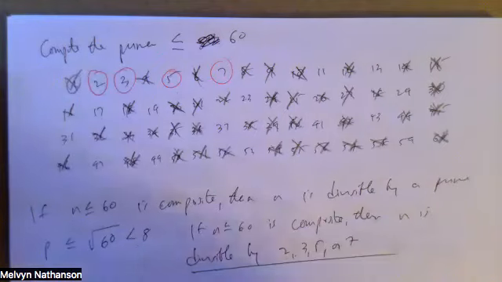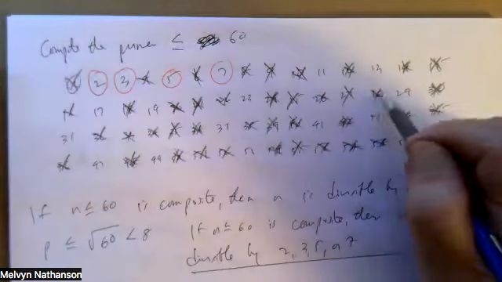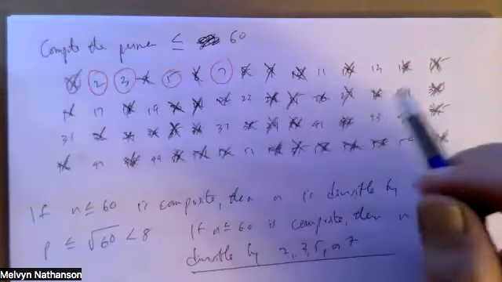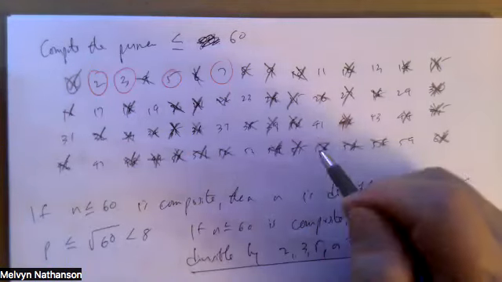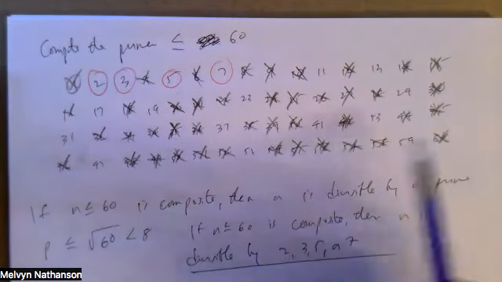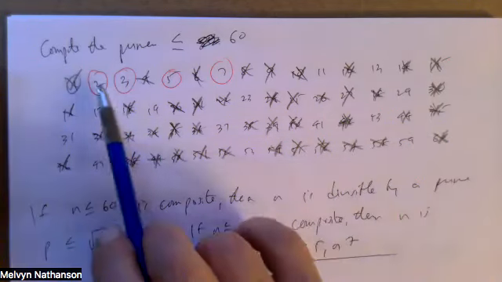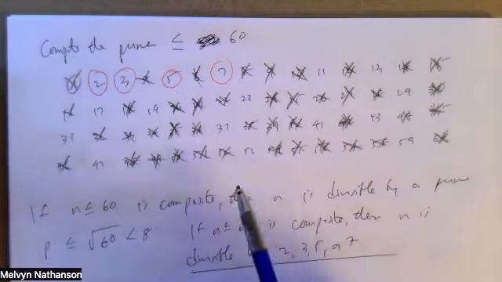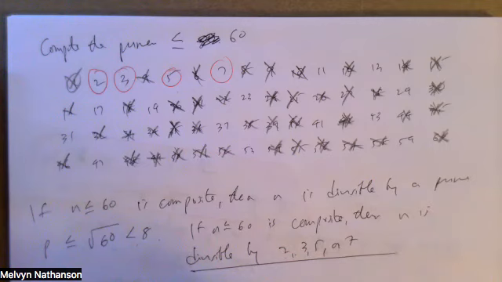And then I cross out the multiples of 7: 14, 21, 28, 35, 42, 49, 56. So if I look at all the numbers up to 60, I've crossed out every multiple of 2, 3, 5, and 7, bigger than 2, 3, 5, or 7.